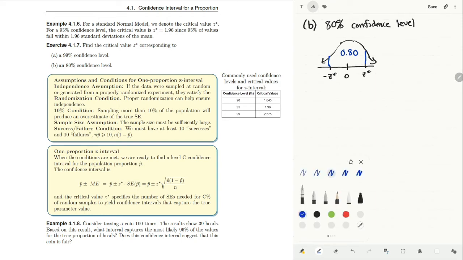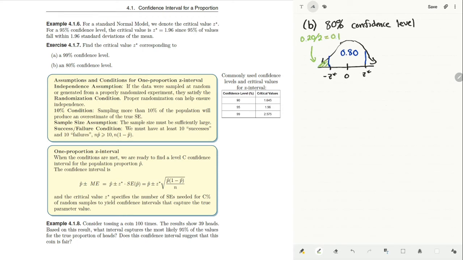And in order to find Z star, we need to know the area to the left of Z star. If the central area is 0.8, then the remaining 0.2 area must be in both tails. Because of symmetry, half of 0.2 is in each tail.